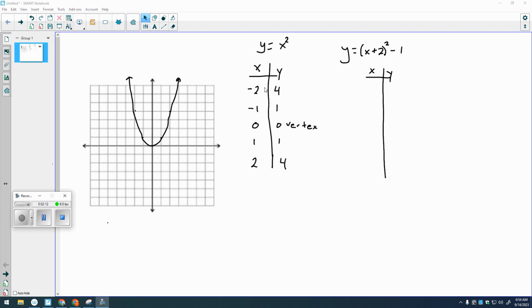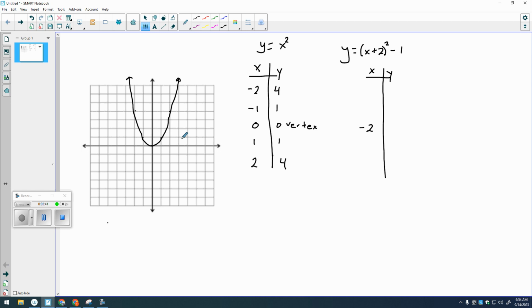And if I want to simply make tables, and I don't want to look at the shifting and all that kind of stuff that I'm going to talk about here in a second, and I just want to make tables, then what I'm going to plug in for x is what makes this 0. Okay? So what makes x plus 2 zero? A negative 2. And that will be where my vertex is. That'll be the x coordinate of my vertex.